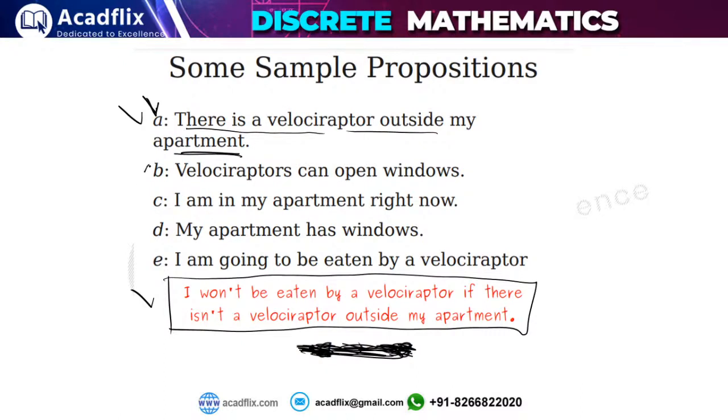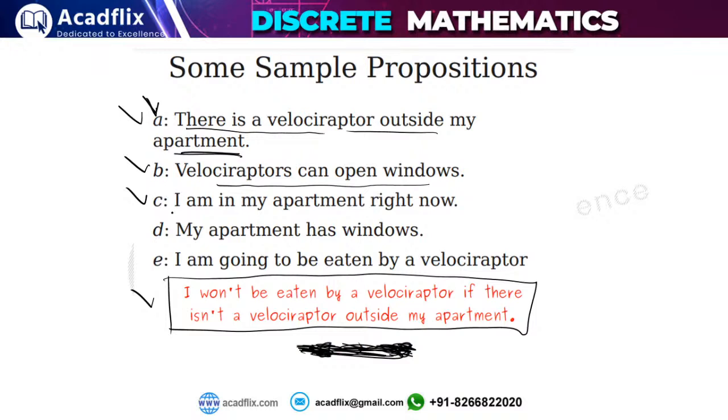And the propositional variable B is representing this proposition: velociraptors can open windows. If you have seen the Jurassic World movie, then I think in the third movie they have this capability that they can open windows, they can camouflage. Anyway, so this is the third propositional variable.